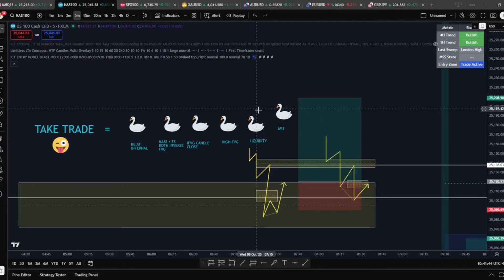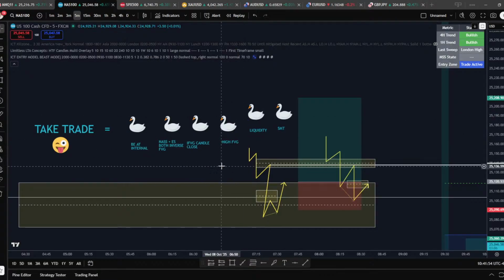This is important, guys. Now, if, for example, this is not there and this is not there, now we go from A++ to B+, even a B setup. That's how far. This is so important. Liquidity sweep, okay?